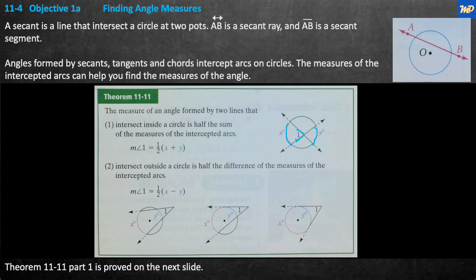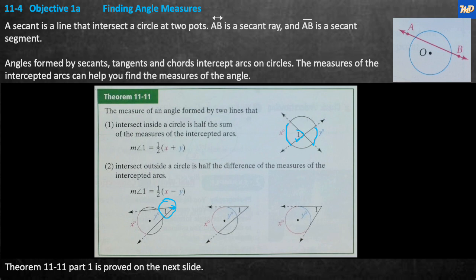Case 2: two lines that intersect outside a circle, the angle is half the difference of the measure of the intercepted arcs. Let's look at angle 1 right over here. Angle 1 is formed by the intersection of two rays, rays in this case, outside the circle.